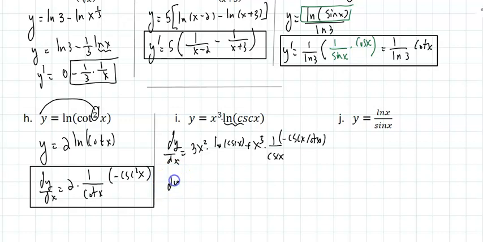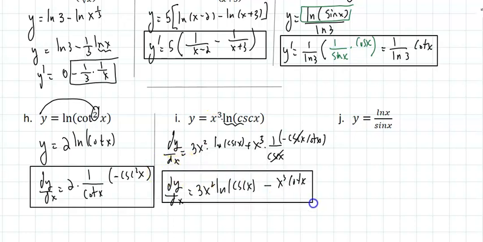And here I would want to clean that up a bit. That is 3x squared natural log of cosecant of x minus x cubed times cotangent of x. And there it is.